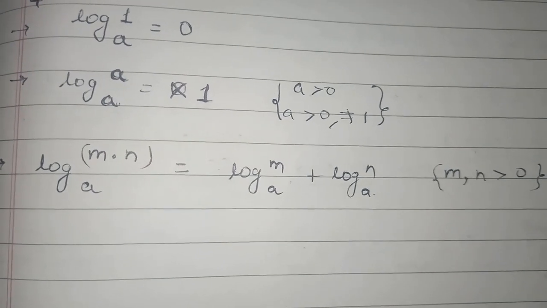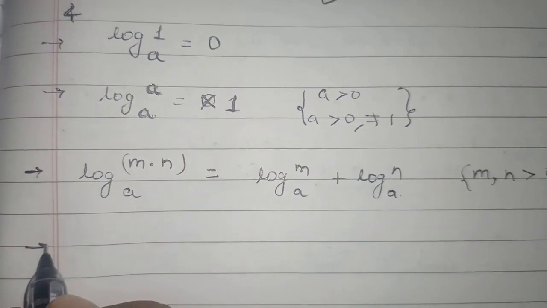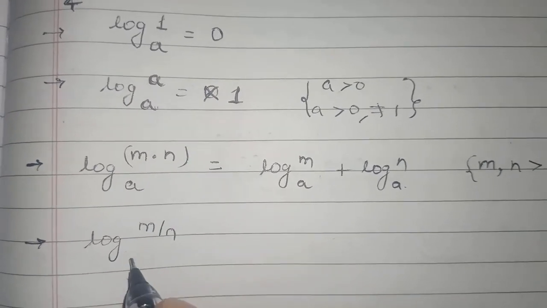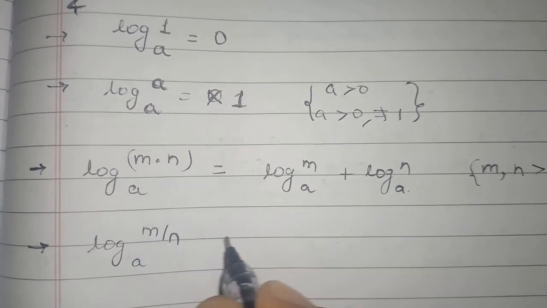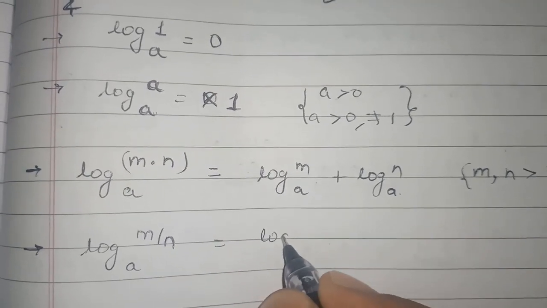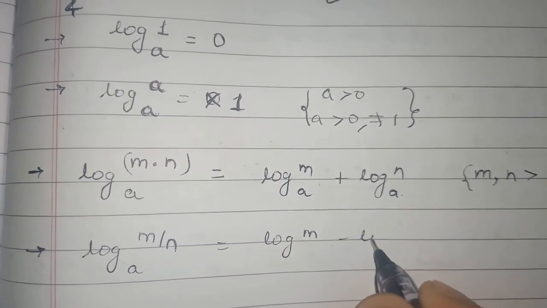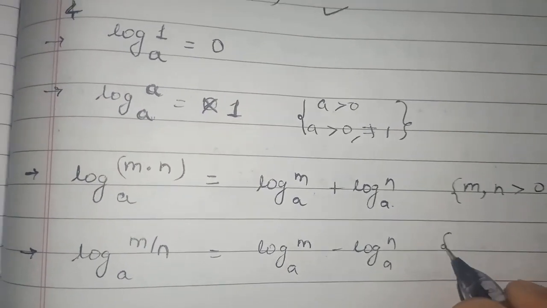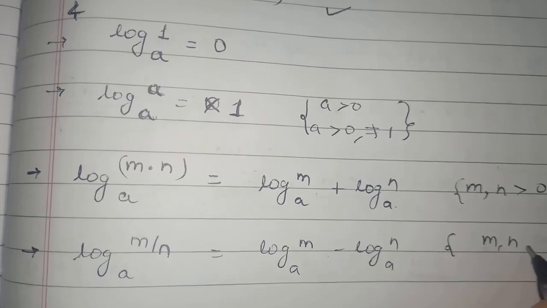Next is log of m divided by n to the base a is log m minus log n to the base a. Also m and n must be greater than 0.